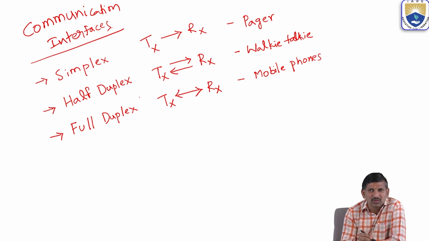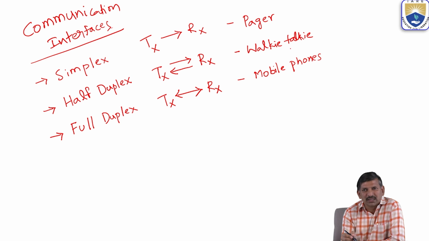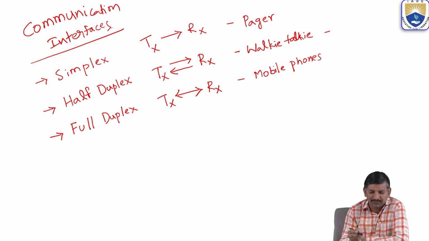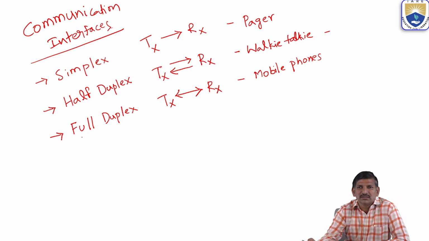Similarly, to overcome that limitation, because it is only one direction, that is unidirectional communication, to provide bidirectional communication they designed full duplex communications. At the same time, I can talk with you and students can talk with me. Example, mobile phones.